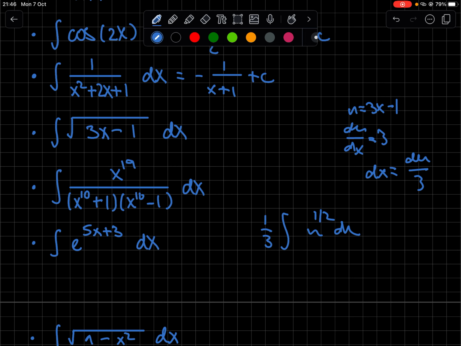So then what do we do? We add 1 to the power, giving us 3 over 2. When we multiply by 3 over 2 here, these cancel out and we're left with 1/2. Let's see if this works.